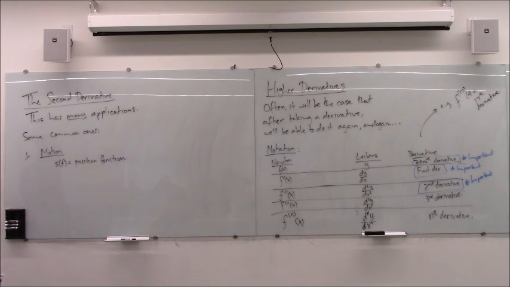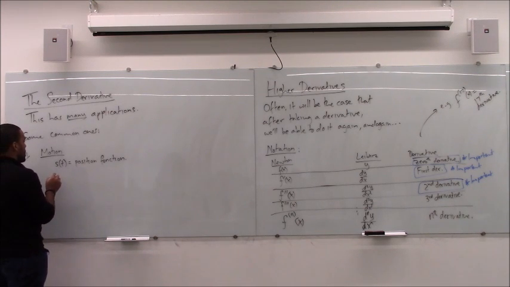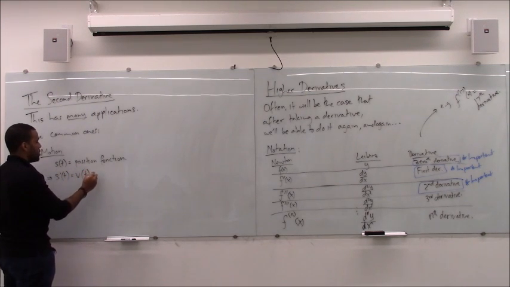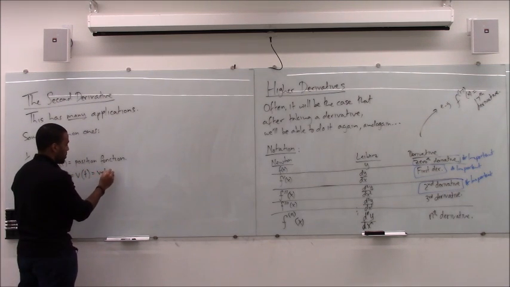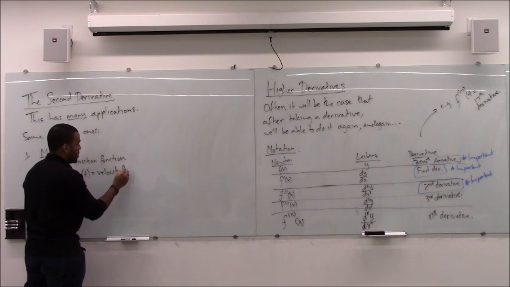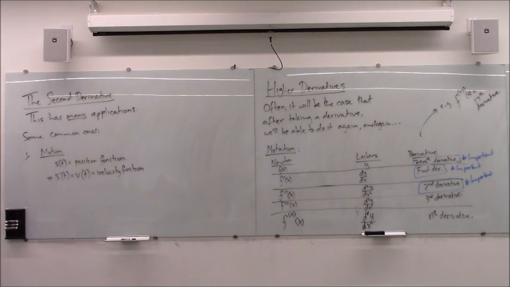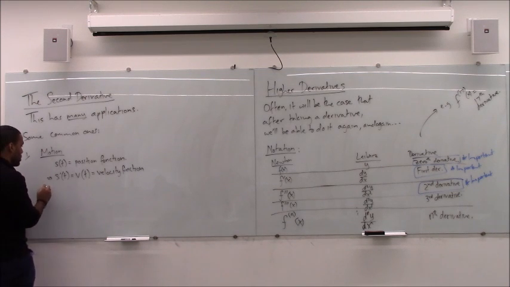So t is time, you plug it into the function s and it outputs the current location. It turns out that if you differentiate, find the first derivative of this, you obtain what's called v of t, the velocity function. Now, velocity is like speed in a particular direction. We'll do some examples of that pretty soon.